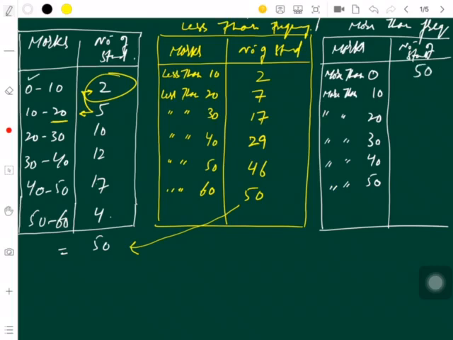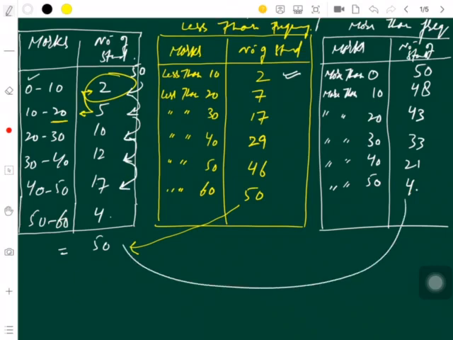So more than 10 will be less of these two. 50 will come here. 50 minus 2, 48. 48 minus 5, 43. 43 minus 10, 33. 33 minus 12, 21. 21 minus 17 remains 4. That is all. There remains nothing else.